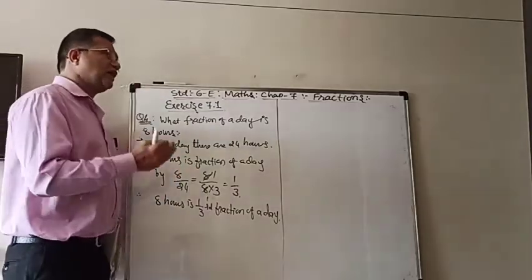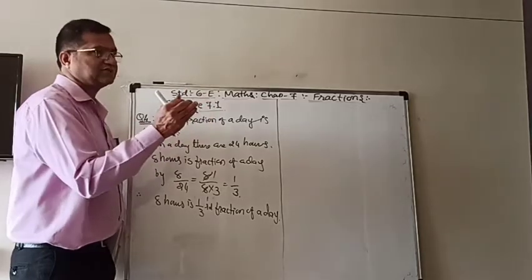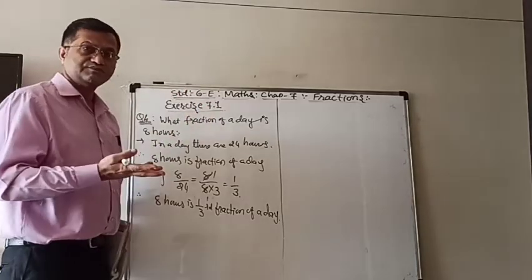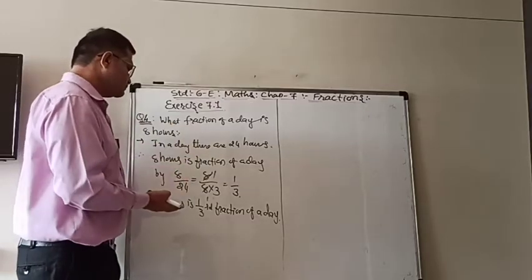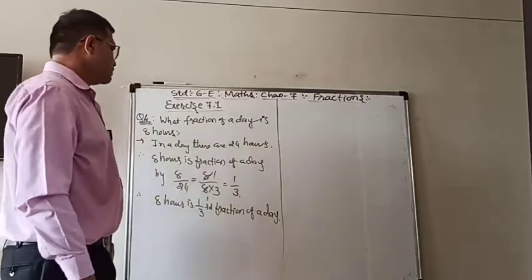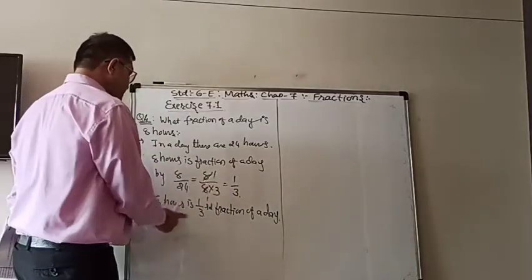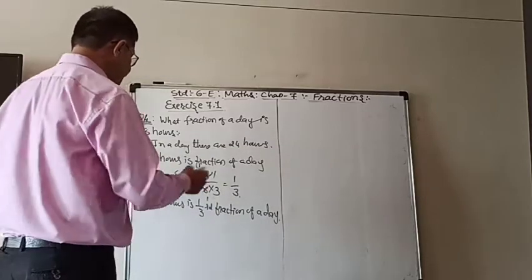So according to that, 8 hours means total 24 parts of the day, and we took 8 parts. So 8 upon 24. And when we simplify, 8 3s are 24. So 1 upon 3. So 8 hours is the 1/3 fraction of a day.